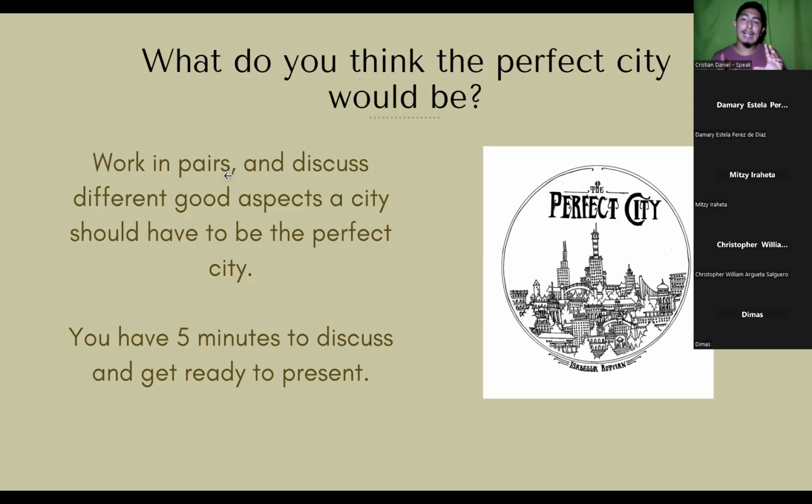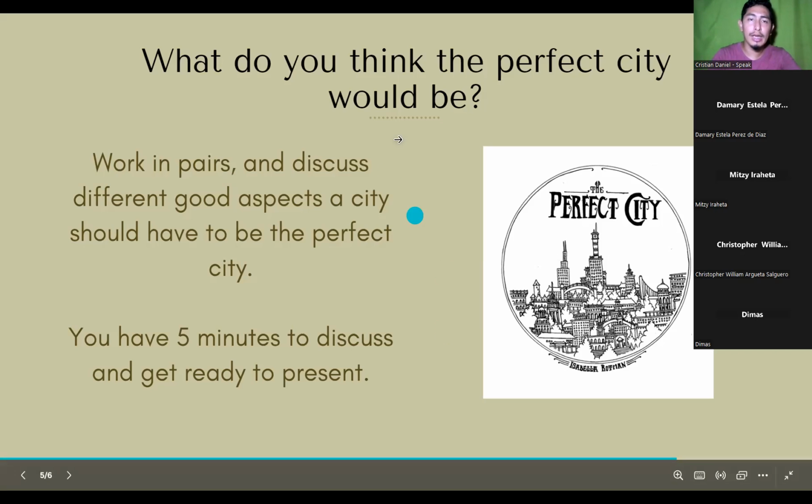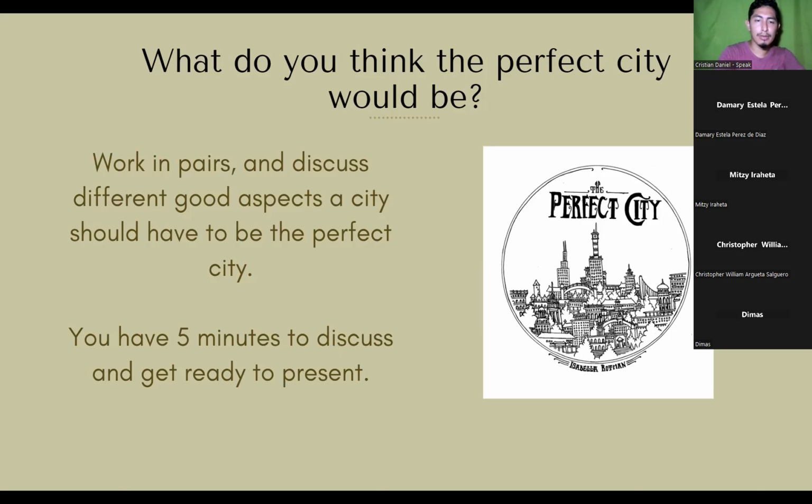You will use the expressions we need to express good aspects of a good city. We can use expressions of quantity, and that's the topic we need to practice. I would write them on the chat for you. We have, for example, more, less, or fewer.